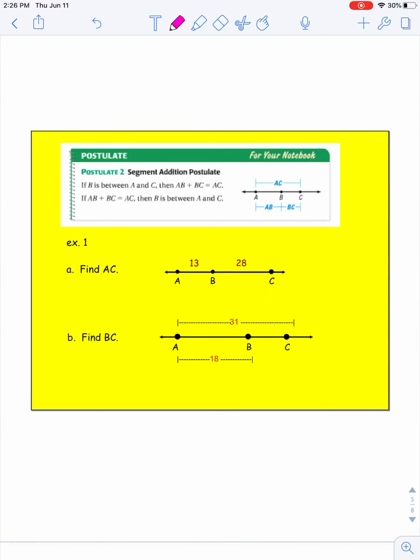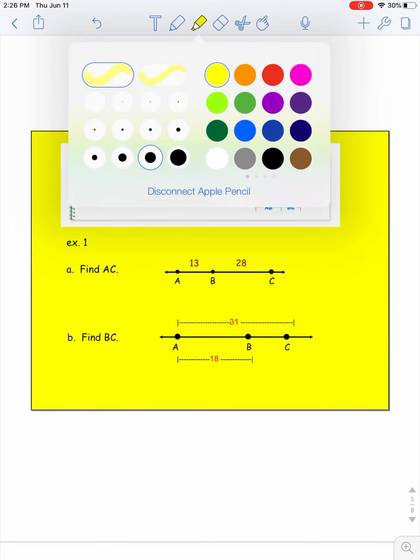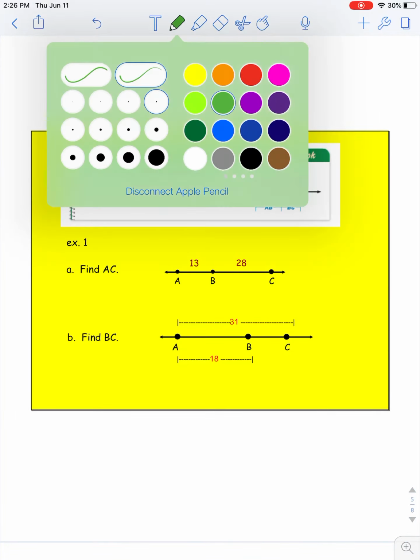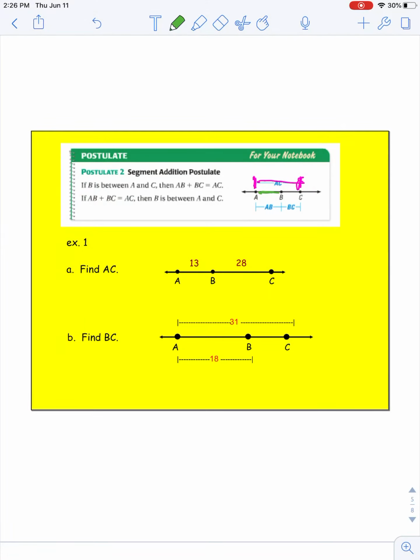So the next postulate we're going to look at is called the segment addition postulate. Again, sometimes these postulates are so obvious we don't need to prove them. If we want to take a look at the length of AC, it is going to be the same as taking AB and adding it to BC, because those two pieces make the whole segment AC.